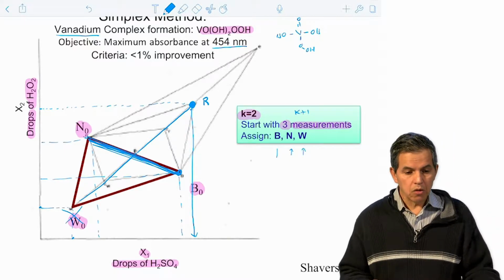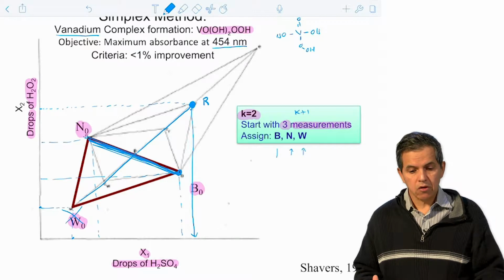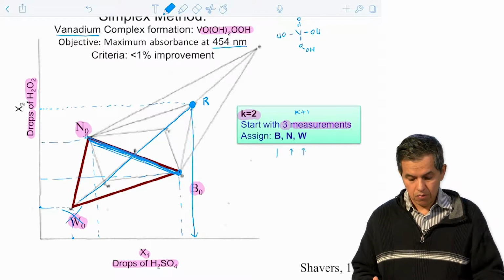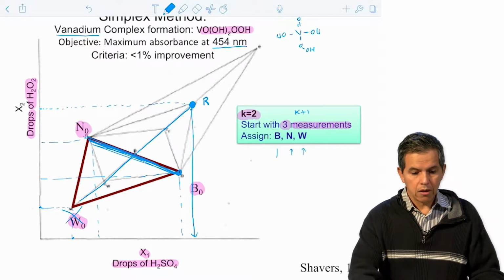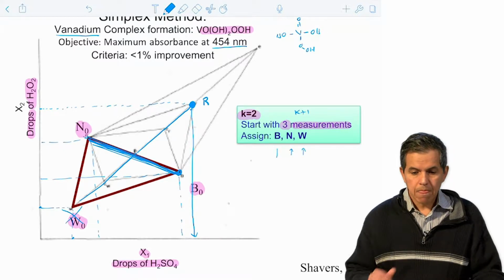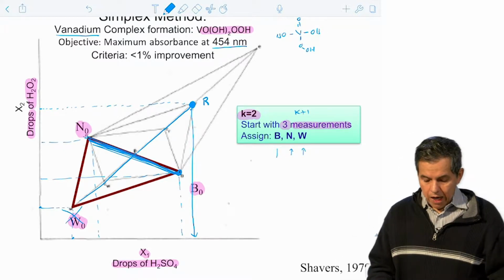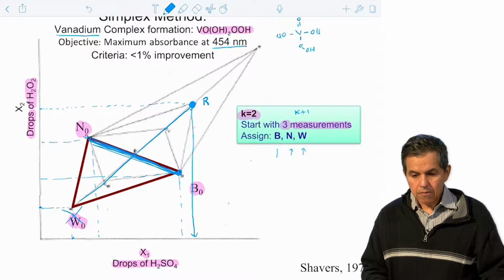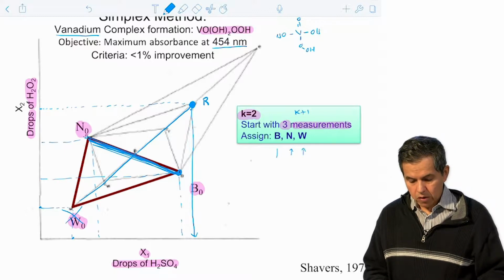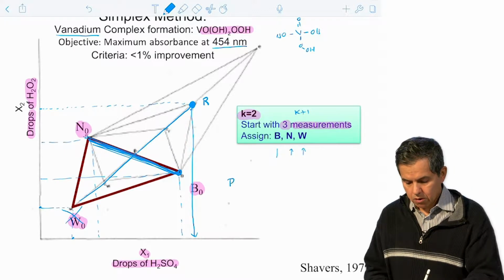So this corresponds to the beginning of the prediction of what should be the next measurement. So how are we going to do that? We can do that mathematically. We call this process that we just described a reflection.